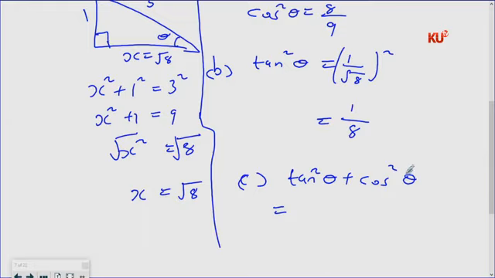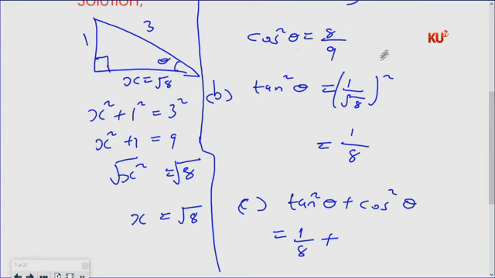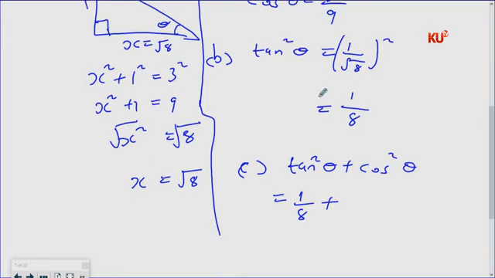Already we have worked it out, so learner, you should not now go back to our first step. Already we have these values with us. Tan squared theta is equal to 1 over 8. I'll just have it 1 over 8 plus cos squared theta. Already we have our cos squared theta here. Cos squared theta is equal to 8 over 9. Very good. 8 over 9.